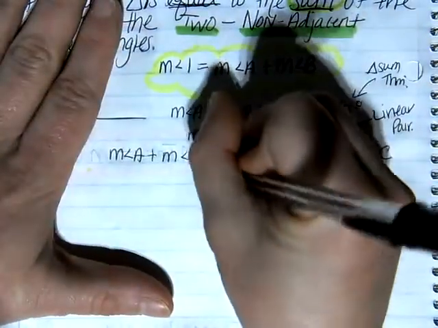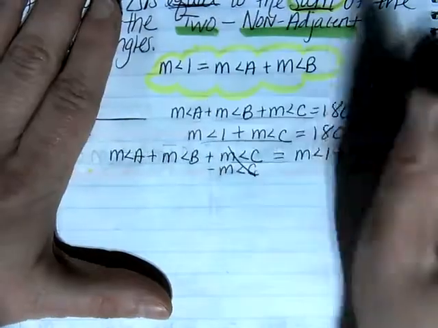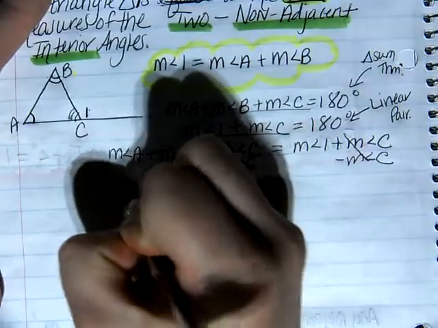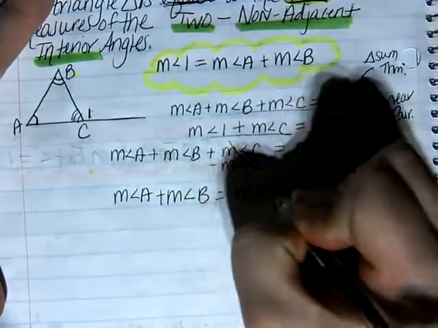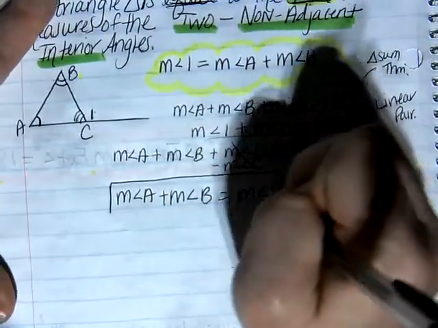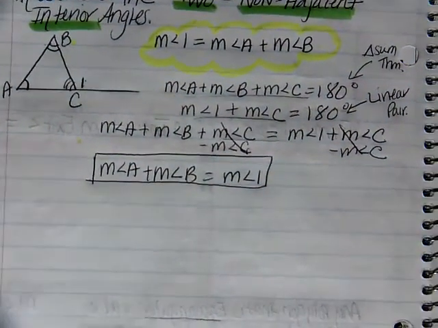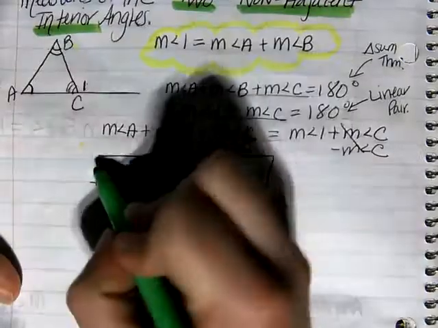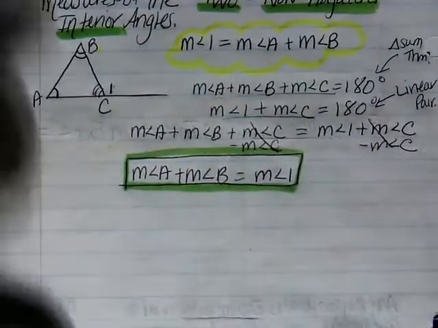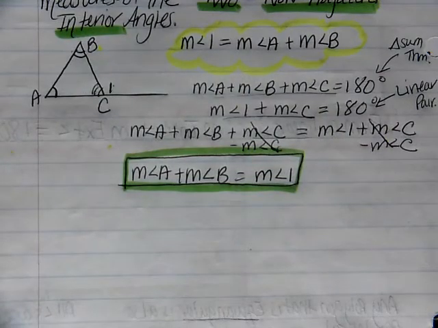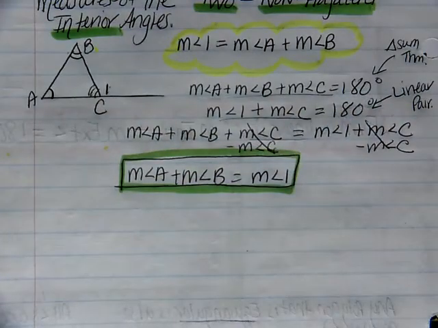If you subtract the measure of angle C from both sides, you're going to find that the measure of angle A plus the measure of angle B has to equal the measure of angle 1. And that right there is the exterior angle theorem and why it works. So this is kind of like a mini proof, explaining it.